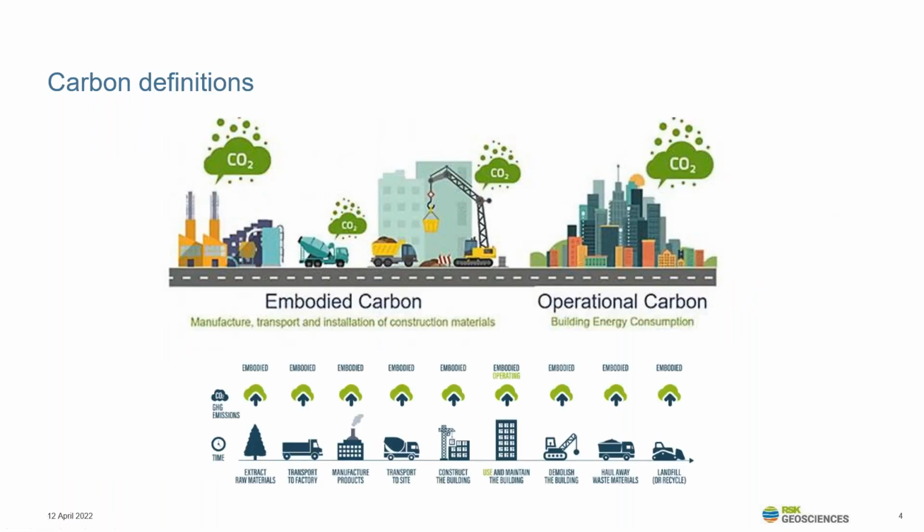So just a quick reminder for anyone new to carbon emissions. Embodied carbon is the carbon dioxide emissions associated with the materials and construction processes throughout the whole life cycle of a building or infrastructure.